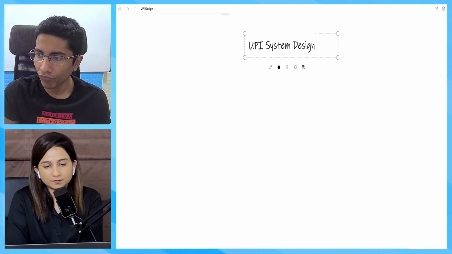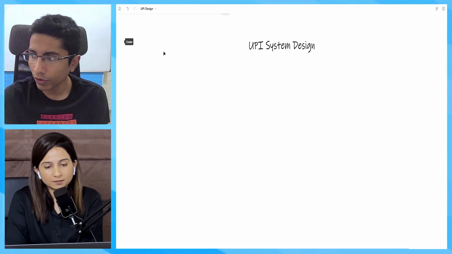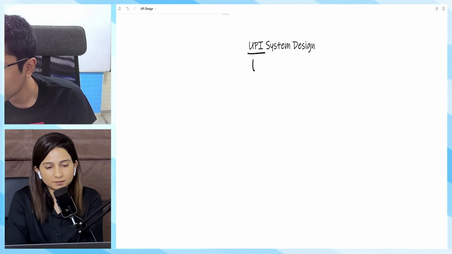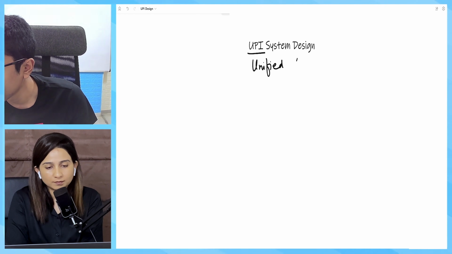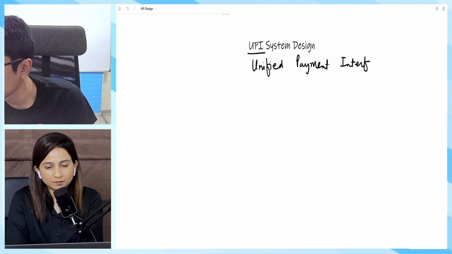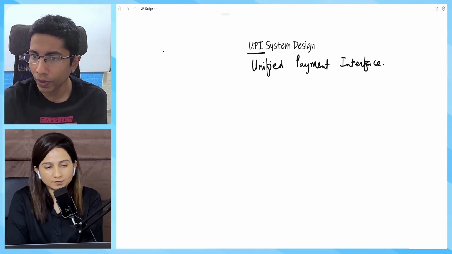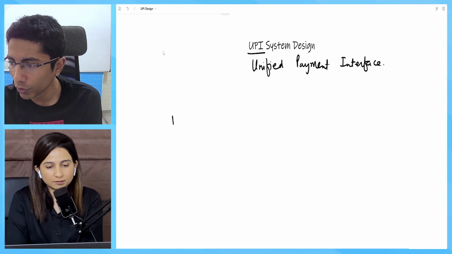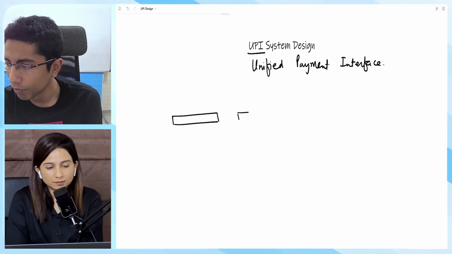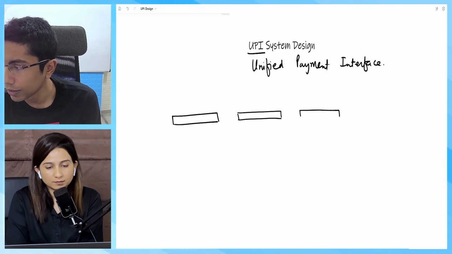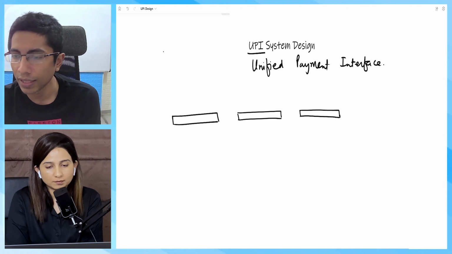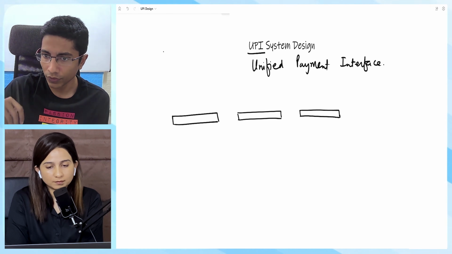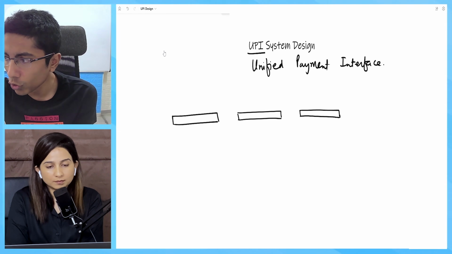Okay. So, when it comes to the UPI system design, UPI stands for Unified Payment Interface. One of the objectives of UPI was to take different payment interfaces which are exposed by banks, payment wallets, and in general any transaction capable system, and unify them.